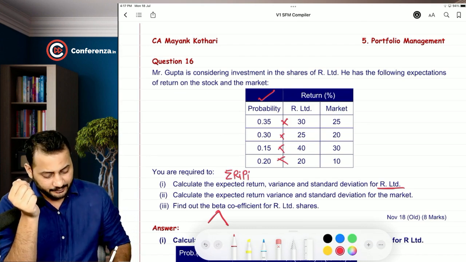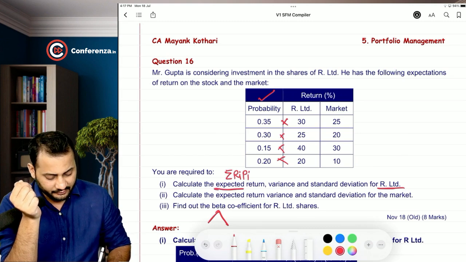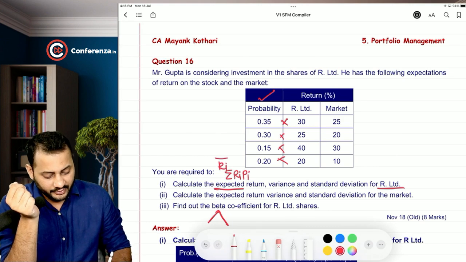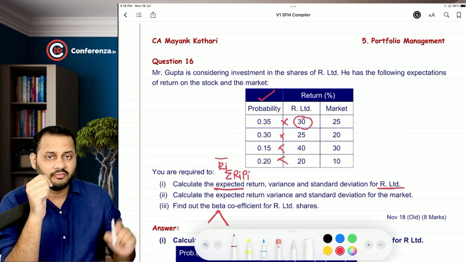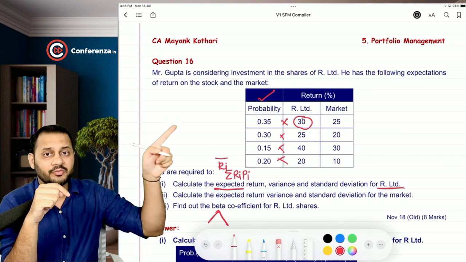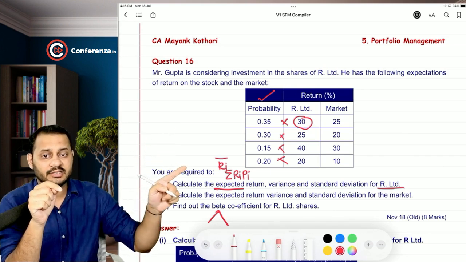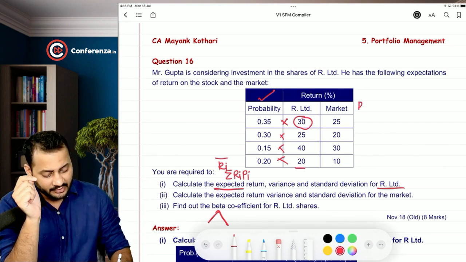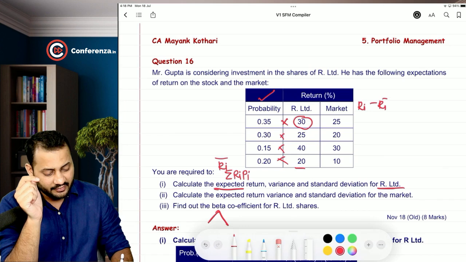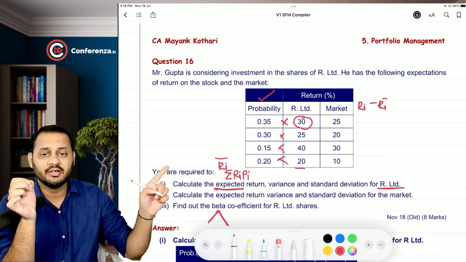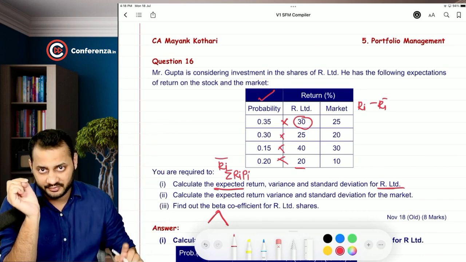After that the expected return will be called bar Ri. We are going to deduct this expected return from 30, then 25 minus bar Ri, 40 minus bar Ri, 20 minus bar Ri. This is going to give us the deviation of our expected return from the actual return.